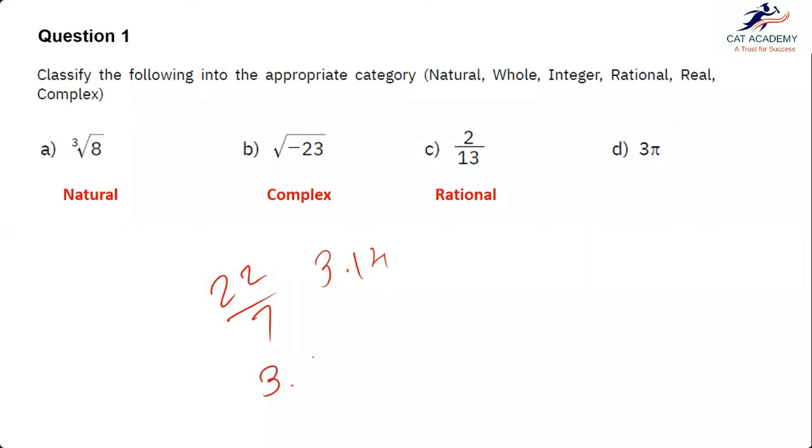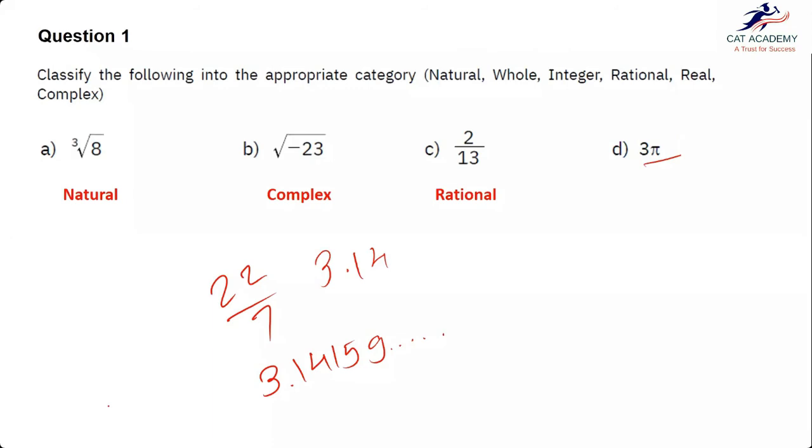The actual value is 3.14159 and so on. This doesn't end, this doesn't recur. There is no fixed pattern. The values do not repeat after a certain point. They just randomly go on. And that is my definition of irrational number, that the number should be neither terminating nor recurring, right? So that's why pi is irrational.